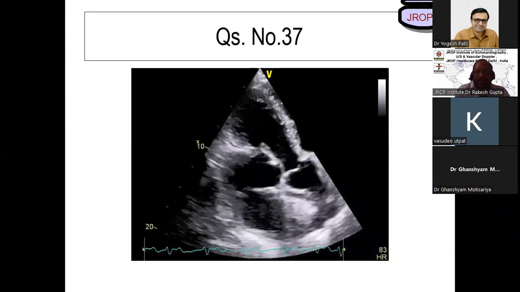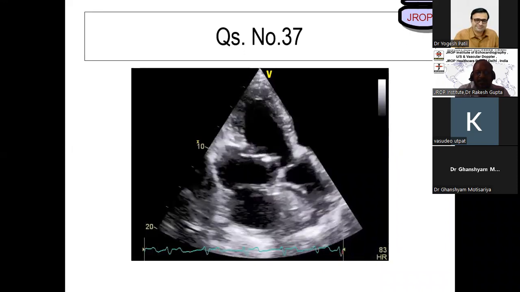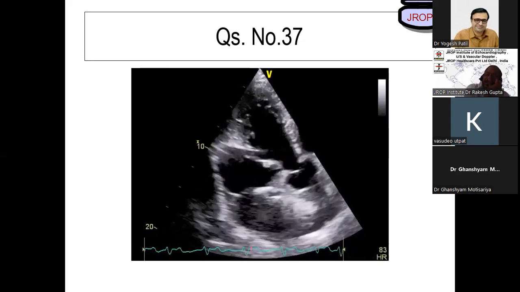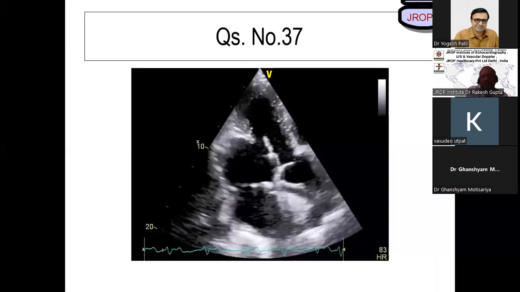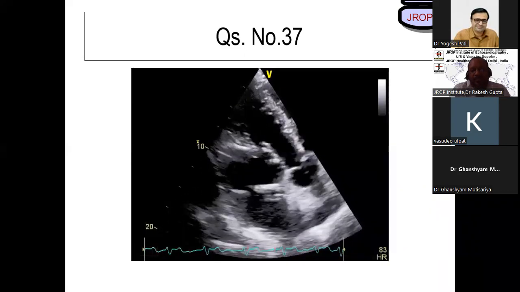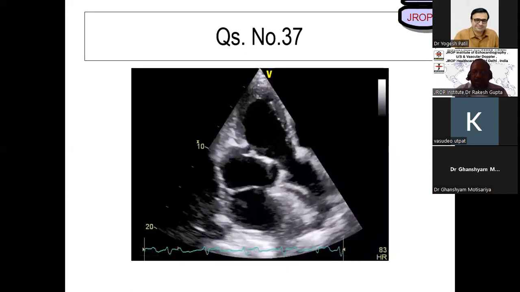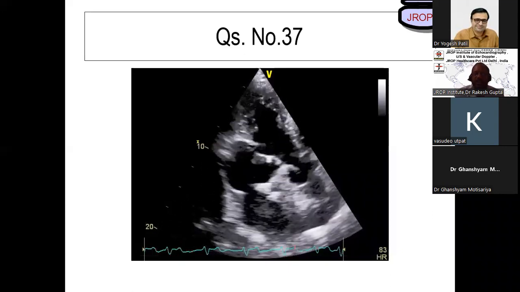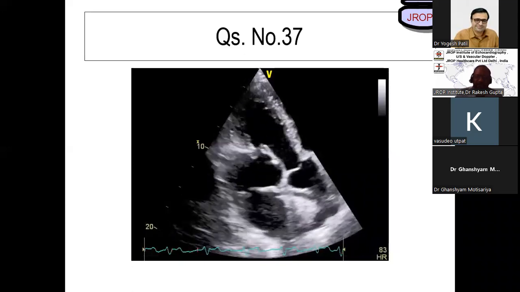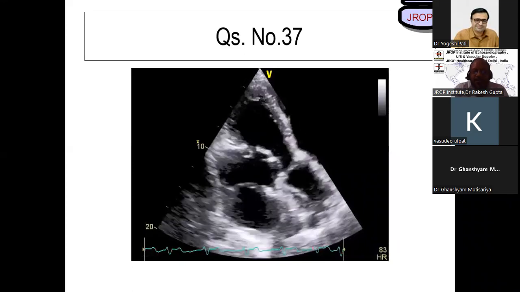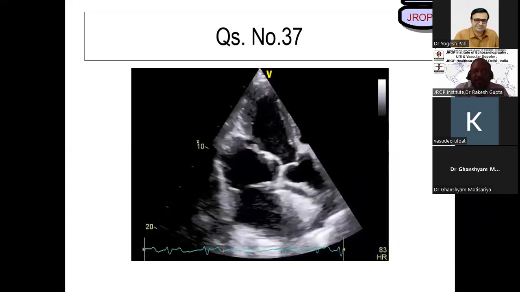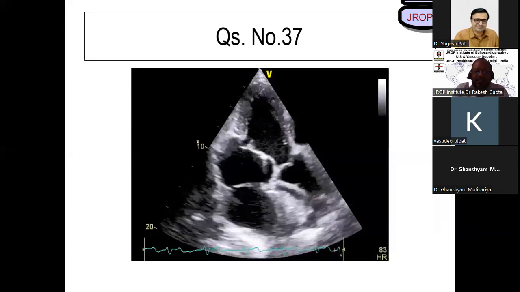Got my point? For interventional cardiologists, this is a challenging task. They may have to take out the device, and I don't know whether they can, and then do the balloon valvotomy of this membrane.